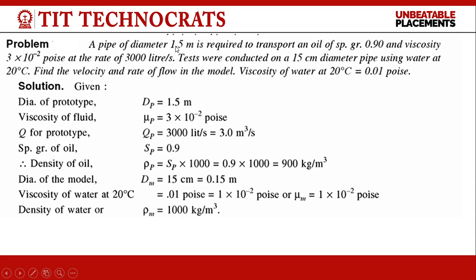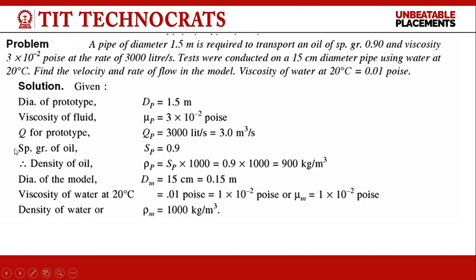Similarly, viscosity of fluid is given as 3 into 10 to the power minus 2 poise. Discharge for the prototype is 3000 liters per second, so we will divide it by 1000 to get discharge in meter cube per second.